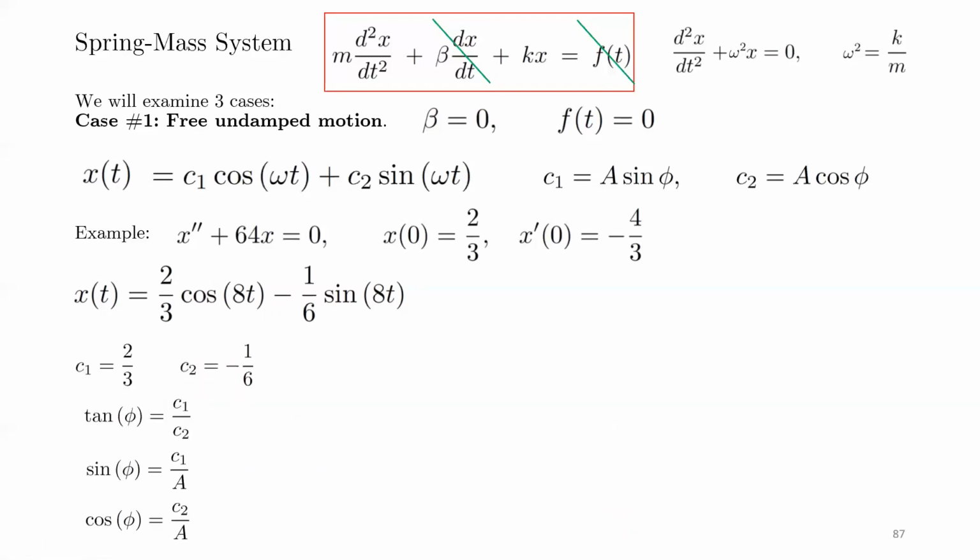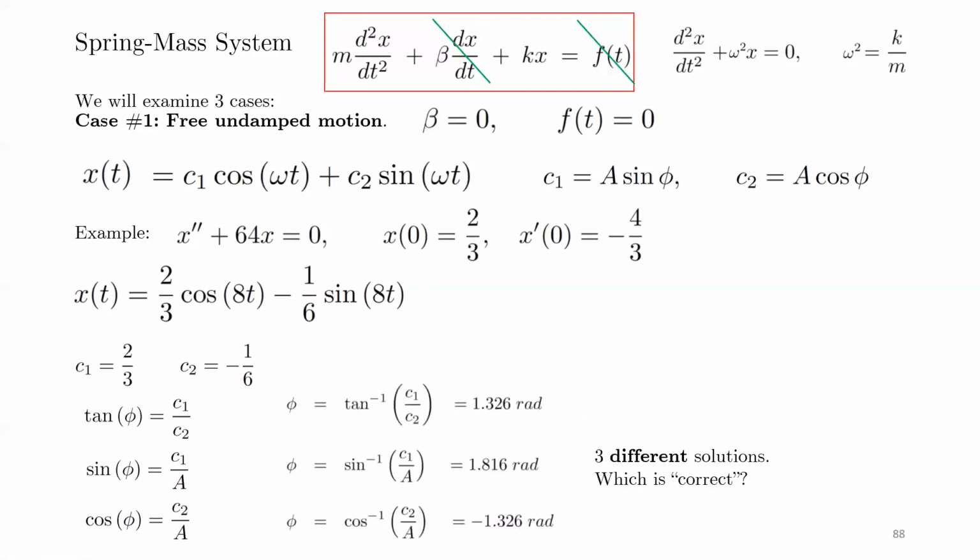Okay, well, let's try it out. Phi is equal to the inverse tangent of C1 over C2, which is about 1.3 radians, or the inverse sine of C1 over the amplitude, which is about 1.8 radians, or the inverse cosine of C2 over amplitude, which is negative 1.3 radians.